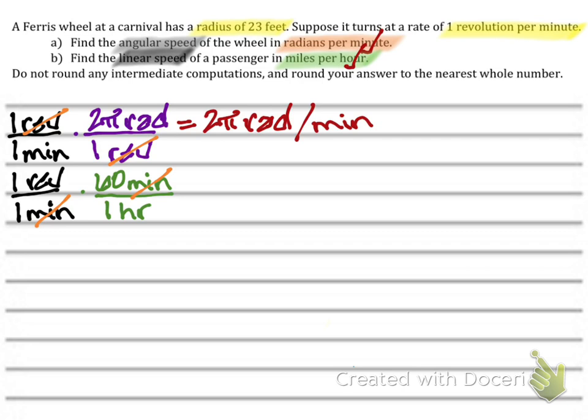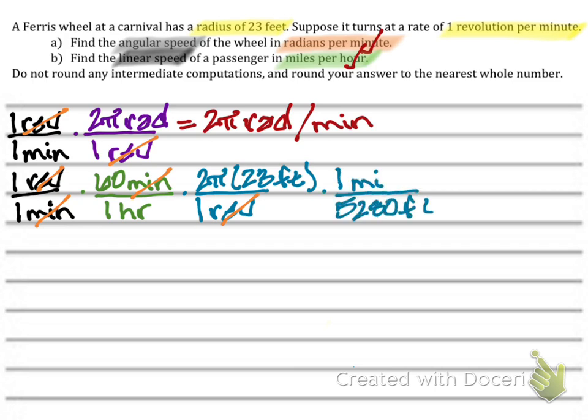To do that, we'll use the circumference, and we will say that 1 revolution has 2 pi times 23 feet, right? Because the 23 is the radius. So now I have feet, but I need miles, right? So we're going to add that in. Oh, sorry, my revolutions canceled.